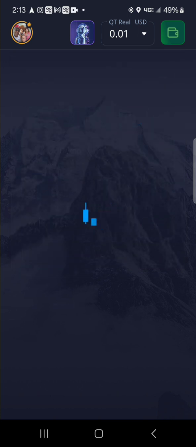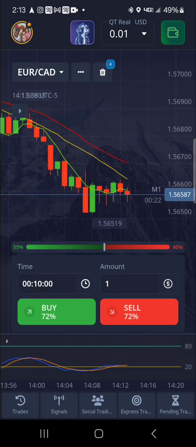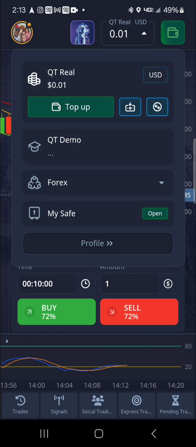The last time I checked with you guys, I had like 4 or 5 minutes left, and it was way off. So I would think that I end up losing that one, but we'll see. I'm gonna go to the demo. All right, my demo is not showing that I have more money, so I'm pretty sure that was a loss as well.